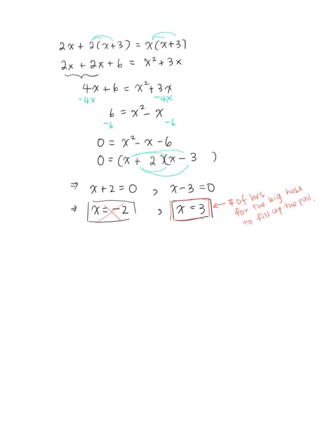And if you go back and read the problem again, remember the small hose is going to take 3 more hours than the big hose. So in this case, our small hose will take x plus 3 hours to fill up the pool. Since our x is 3, we get 3 plus 3, which will give us 6 hours. Now let's try to write this in a sentence.